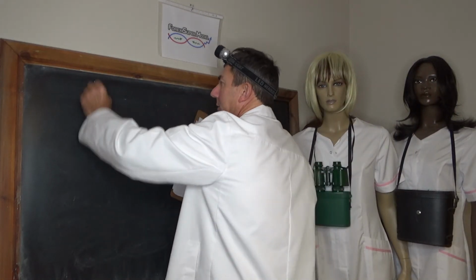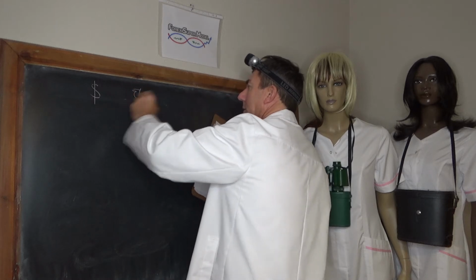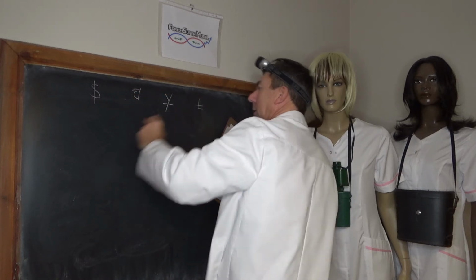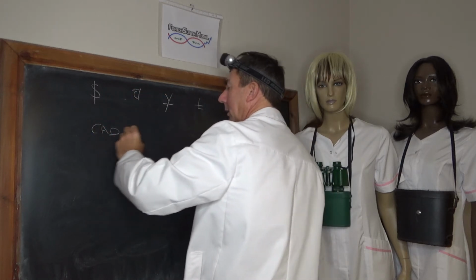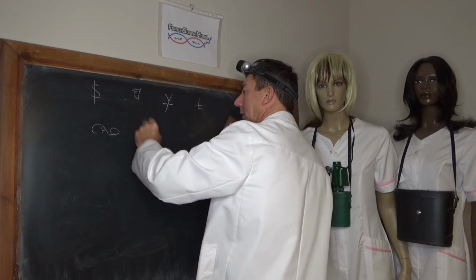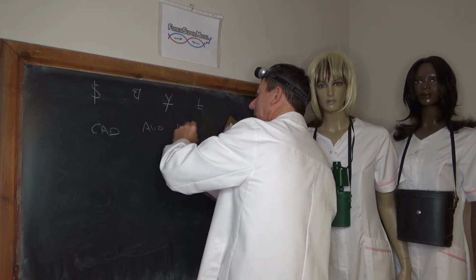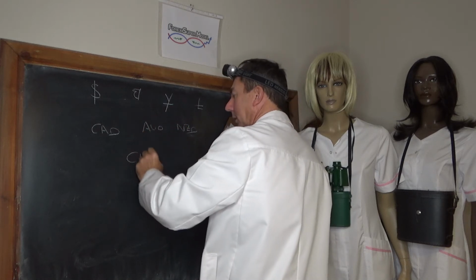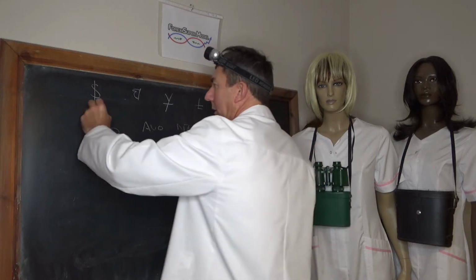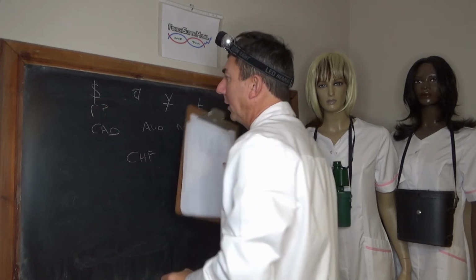So let's grab this. Right, so let's write out the majors: dollar, euro, yen, pound, CAD, AUD, NZD, Swiss. Right, so we've got a Fed rates decision coming on Wednesday.